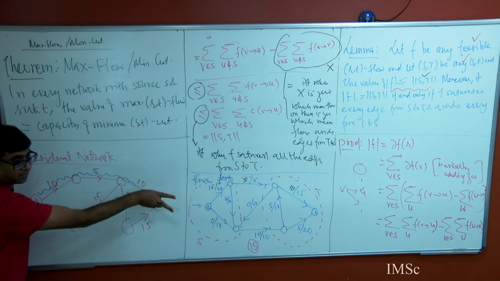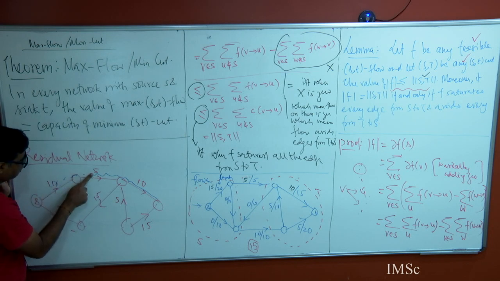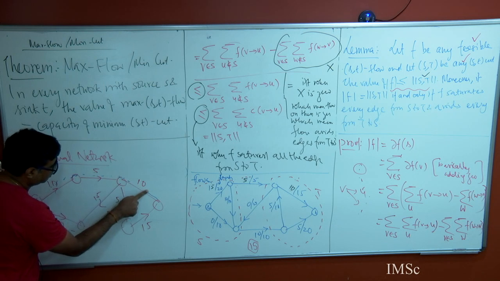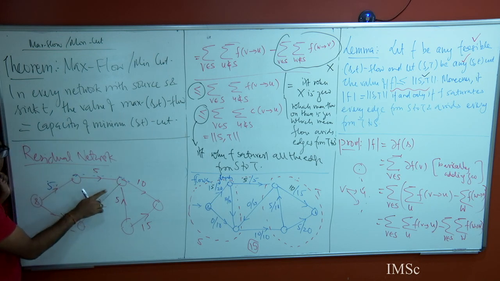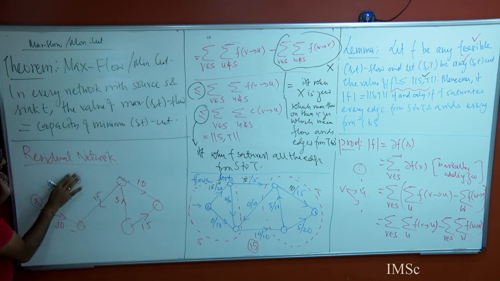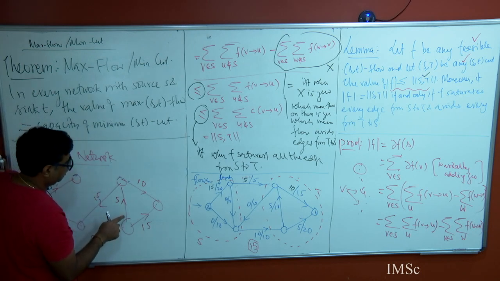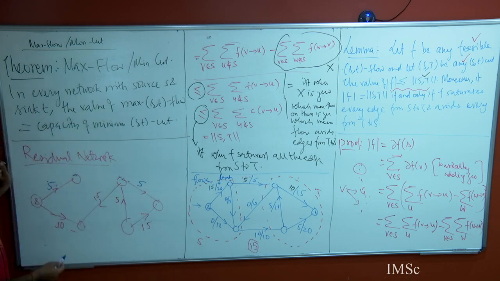Let's see how I define my residual network for this particular graph. How much is left? 5. Is there a path here? This doesn't exist anymore. This becomes 5, and I did not use anything here, so this remains the same.